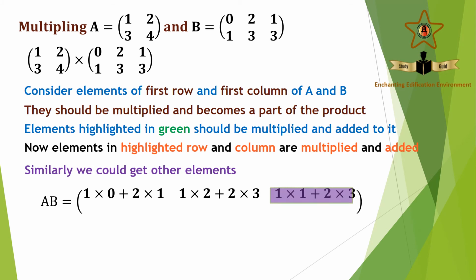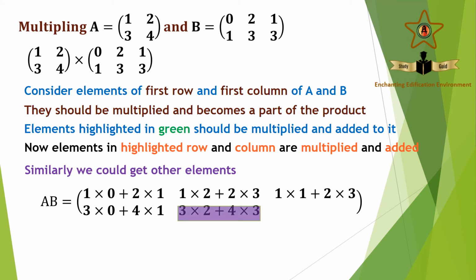To get the element of first row, third column, we multiply the first row of the first matrix and the third column of the second matrix. To get the element of second row, first column, we multiply the second row of the first matrix and the first column of the second matrix. We continue in the same manner to get the other elements.